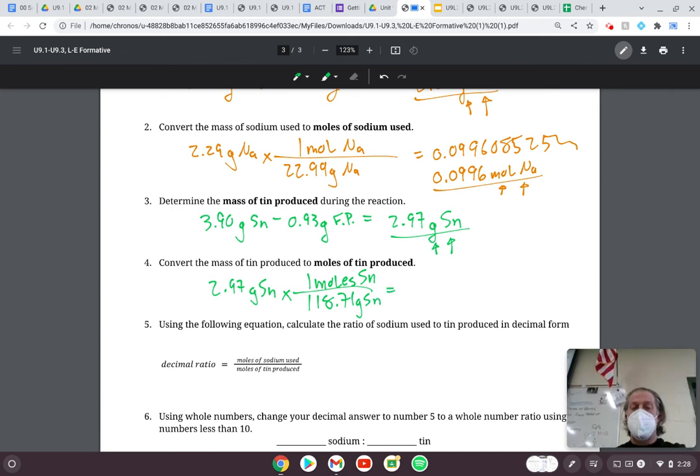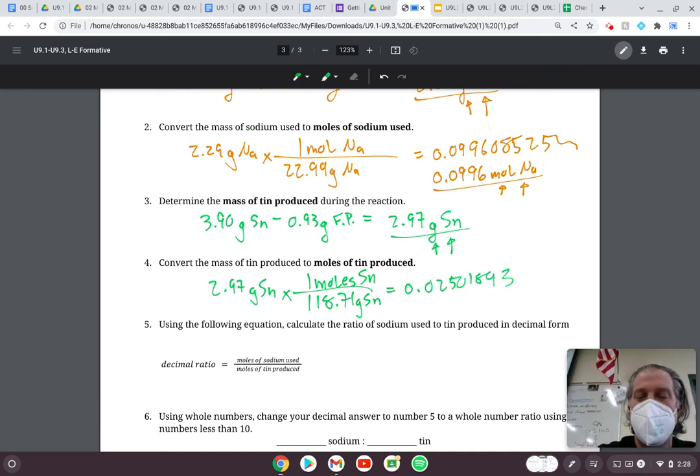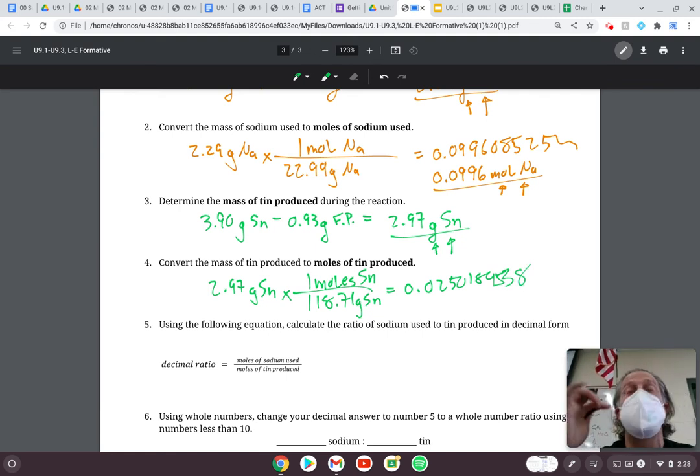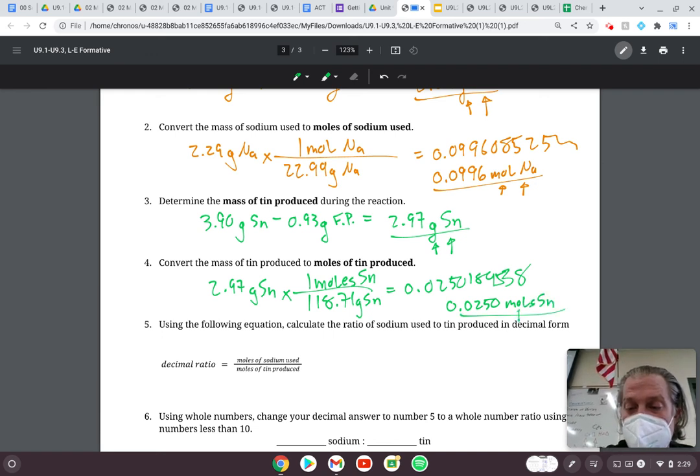And when I plug this into the calculator, I get something like 0.025018935. But we need to have the right number of sig figs, which in this case happens to be 3. So my final answer that I'm going to report is 0.0250 moles of tin. And again, label, unit.